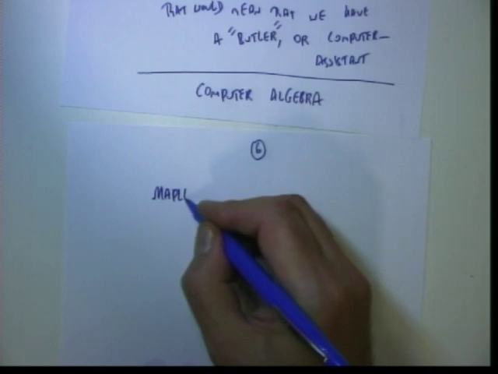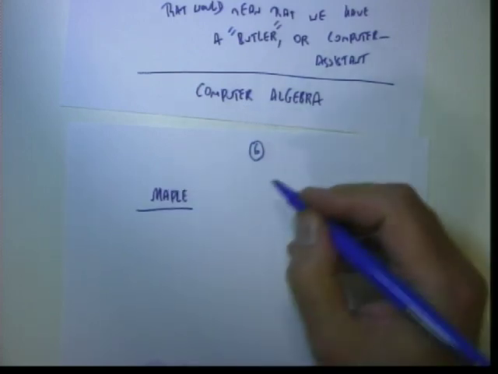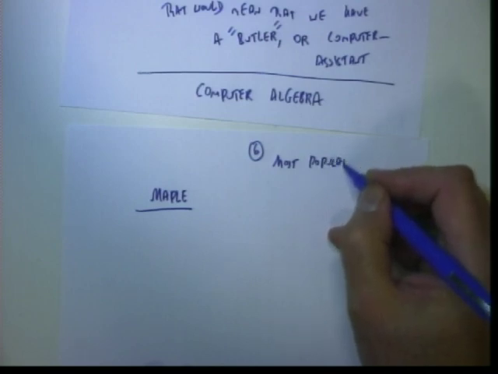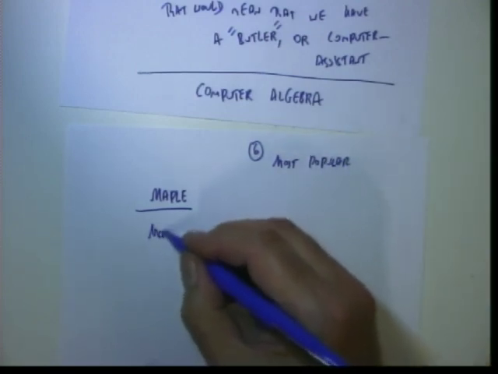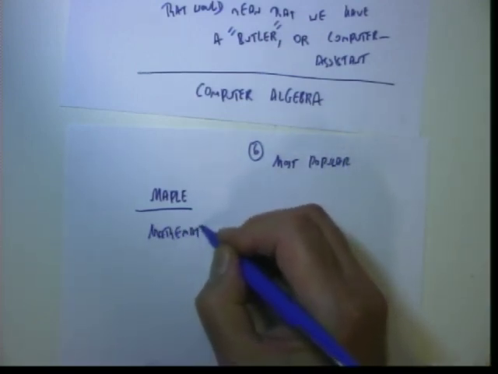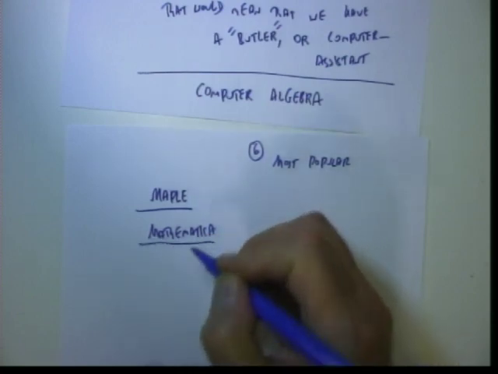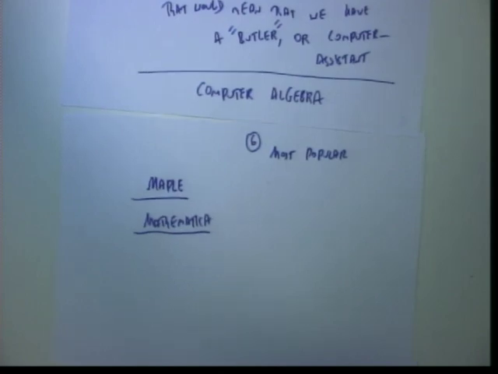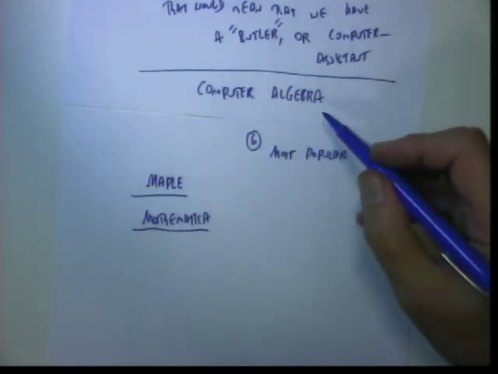That is Maple, so that's the most popular, and Mathematica. These are the most popular, at least in this country, computer algebra systems.